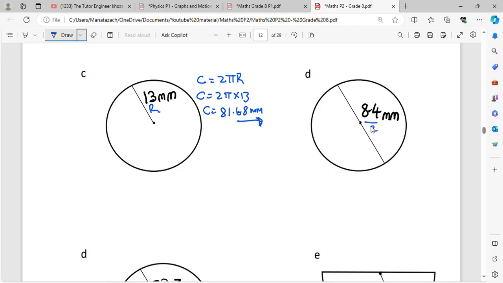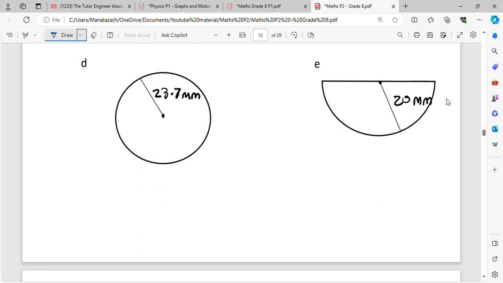To get to the radius, you must divide it by 2. So now this is the radius. So to work out the circumference, okay, so this is also basically the same thing. In this case, you have the radius.